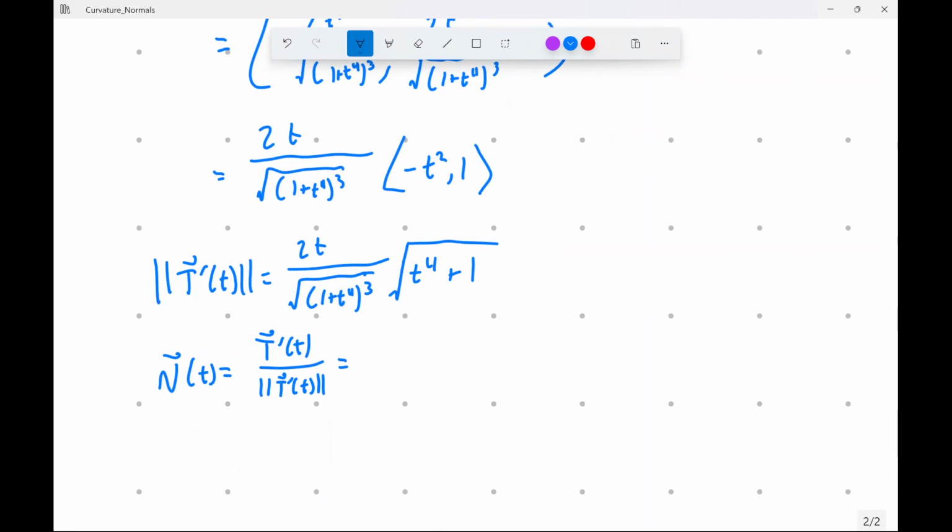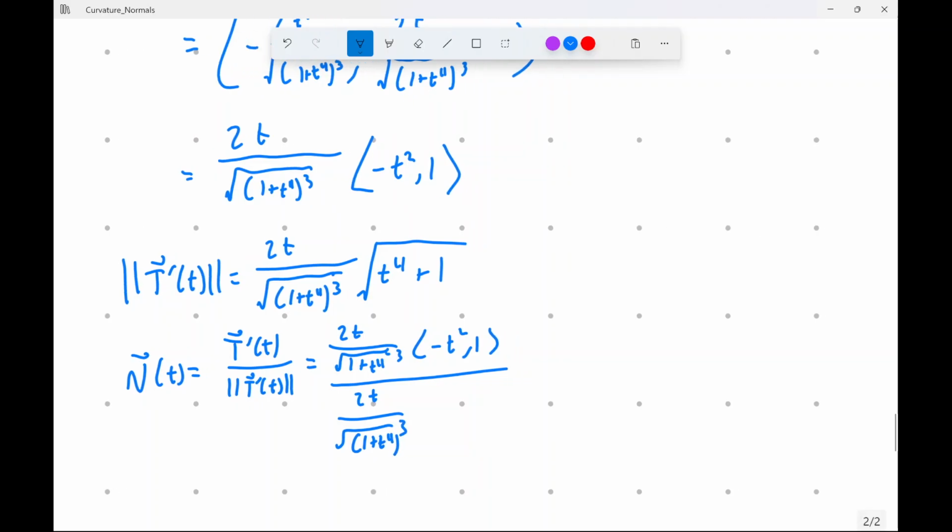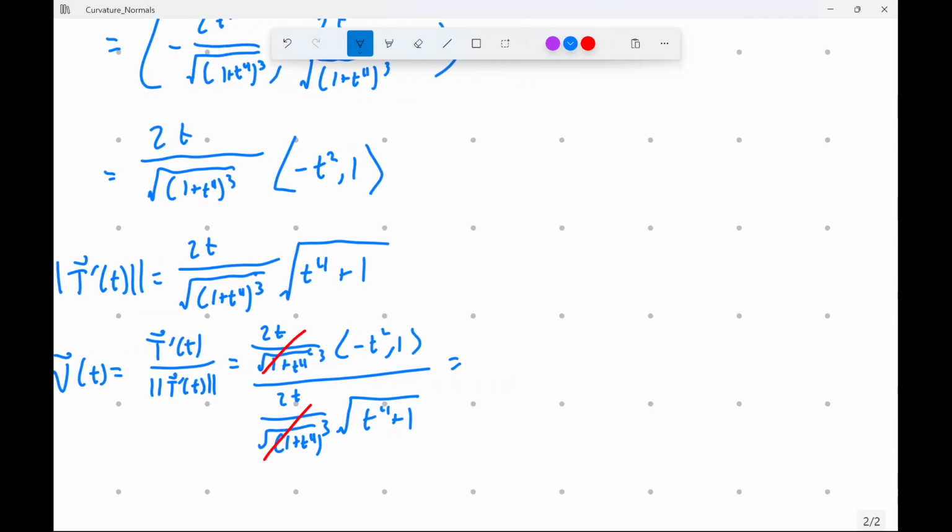So that will be 2t over the square root of 1 plus t to the 4th, cubed, times negative t squared, comma 1, divided by 2t over the square root of 1 plus t to the 4th, cubed, times the square root of t to the 4th plus 1. And so now this is nice because these two prefactors cancel out, and we just end up getting 1 over the square root of t to the 4th plus 1, times negative t squared, comma 1. Okay.